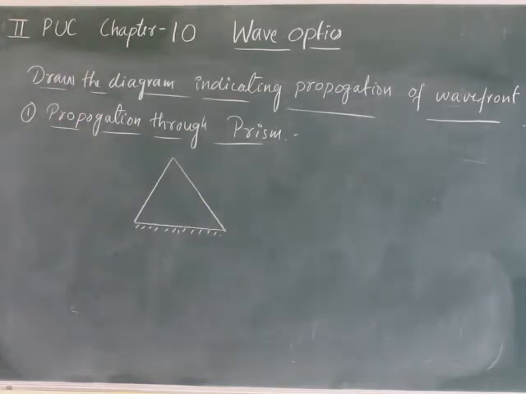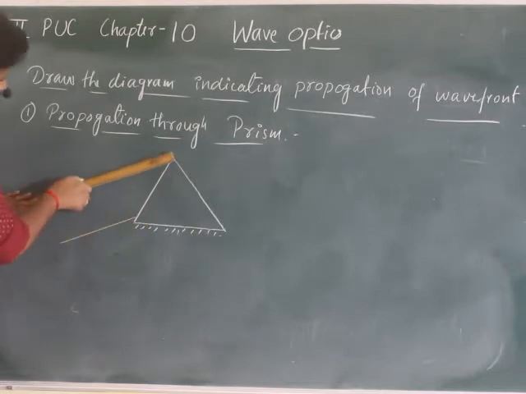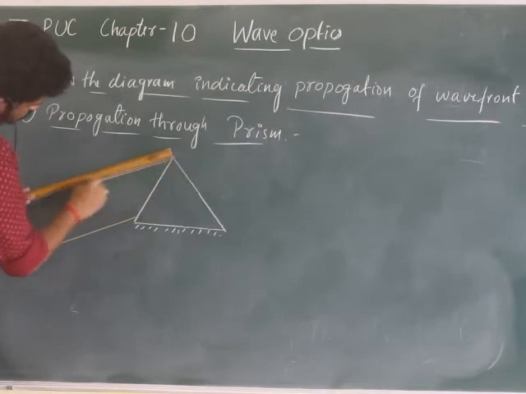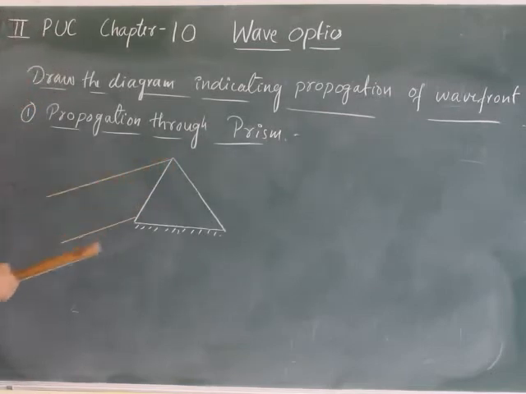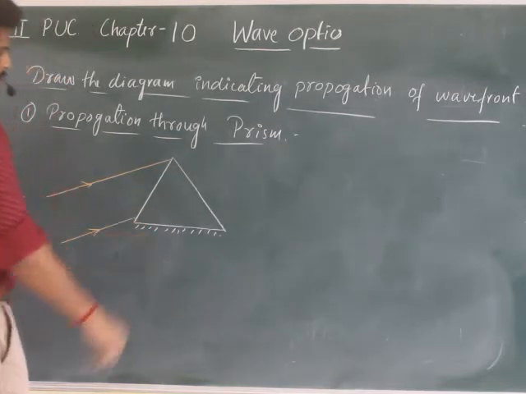So now rays of light. Like this, I will take a plane wavefront, so a parallel beam of light. Okay, a parallel beam of light is incident on the prism. Now if you represent the plane wavefront at this particular position, how will the wavefront be?